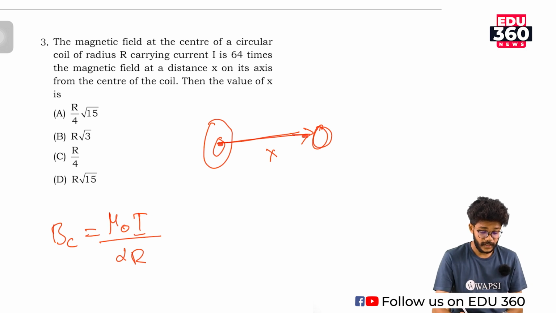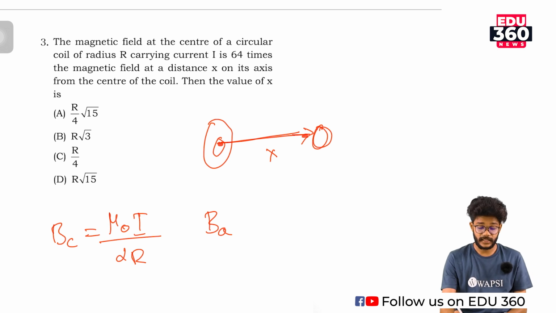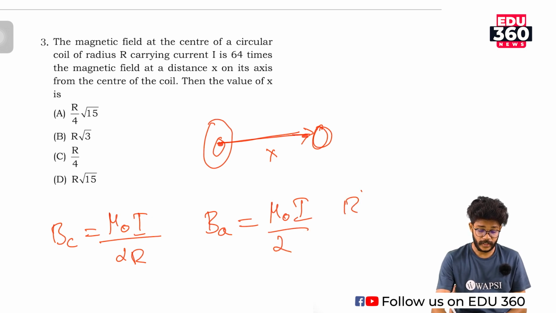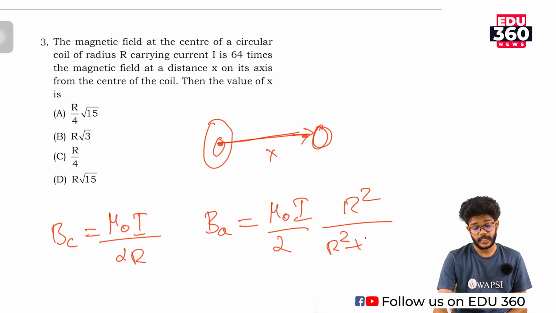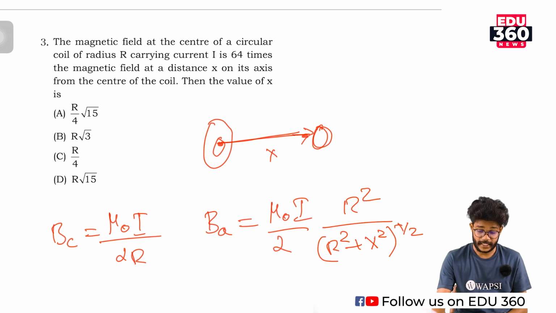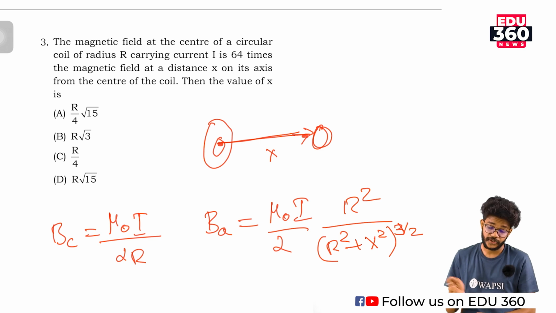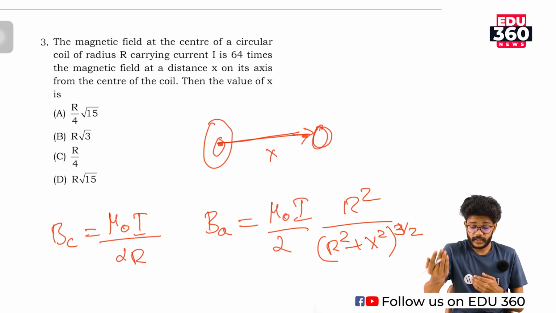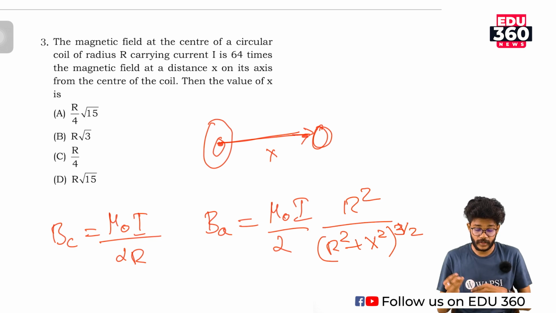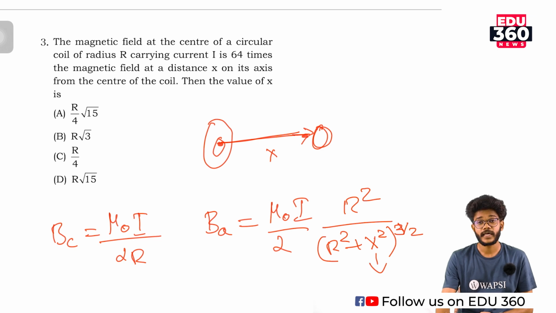And the equation for the magnetic field on the axis at distance x is mu 0 I by 2 into r square divided by r square plus x square all raised to 3 by 2. If x is equal to 0, r square all raised to 3 by 2 is r cube, and r square by r cube is 1 by r. We get the same equation when we substitute x as 0.